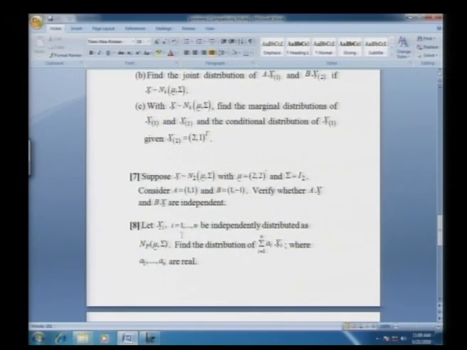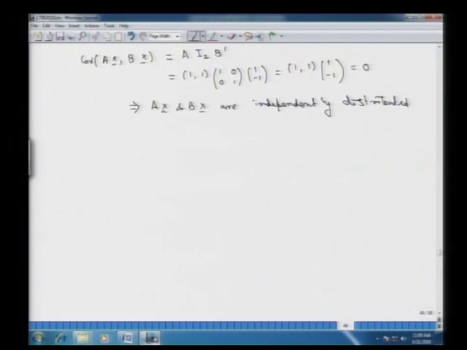We have these xi's, i equal to 1 to n, independently distributed with multivariate normal distribution with mean vector mu and covariance matrix sigma. We are trying to find the distribution of this particular quantity, where these ai's are real constants. So let me look at how to solve this problem. This is problem number 8.